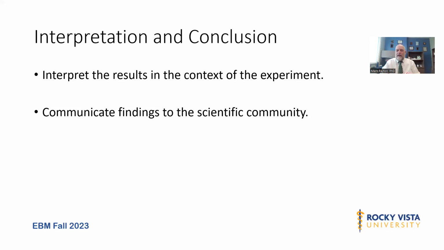You always want to present the results of a hypothesis test in a way that will be understandable to those reading about your research. Right? And in communicating findings to the scientific community, this could be through presentations, publications, whatever.